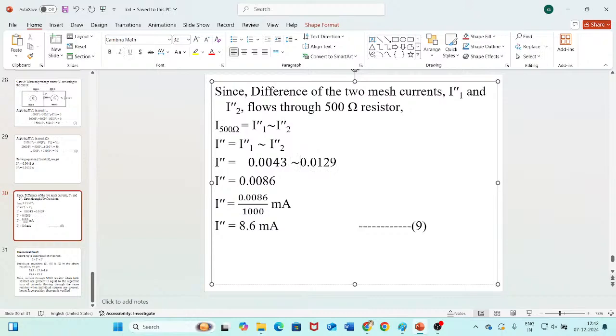So you can write either I2 double dash minus I1 double dash or I1 double dash minus I2 double dash. That's why I wrote difference here.